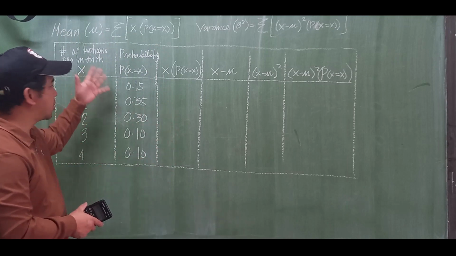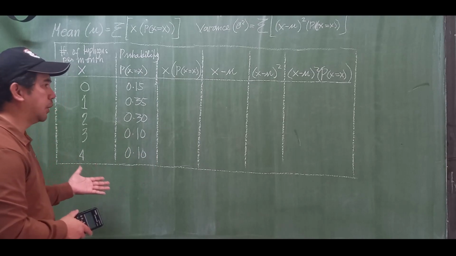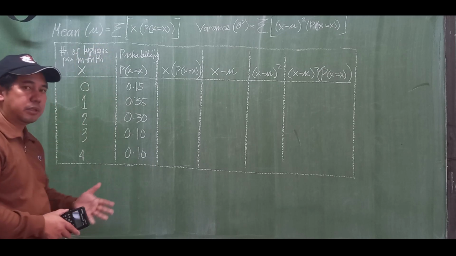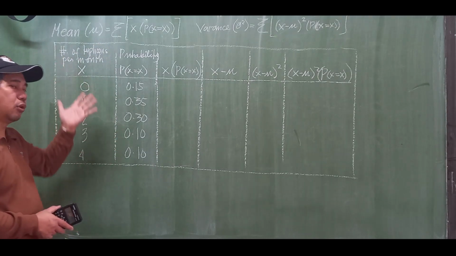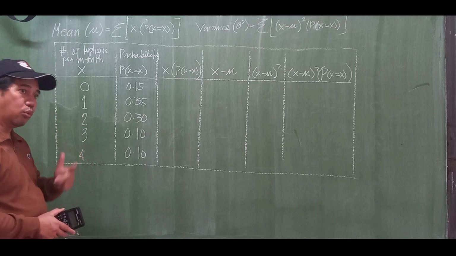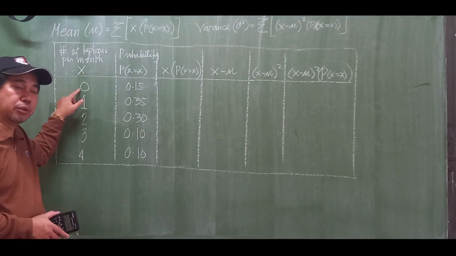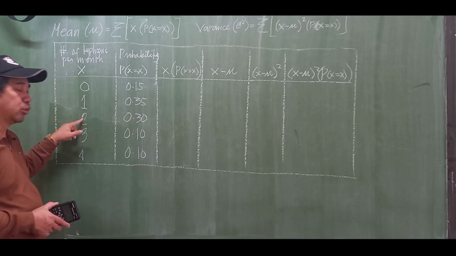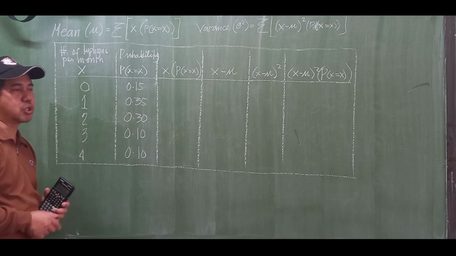Notice that we have the same problem. In a weather forecast, the Weather Bureau gathered data on the number of typhoons per month. In a month, there could be a possible 0 typhoon, only one typhoon, 2 typhoons, 3 typhoons, and 4 typhoons.